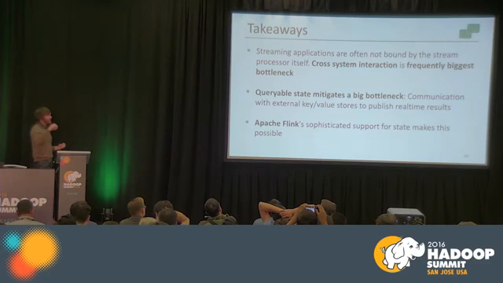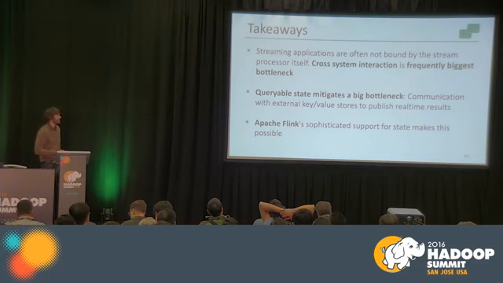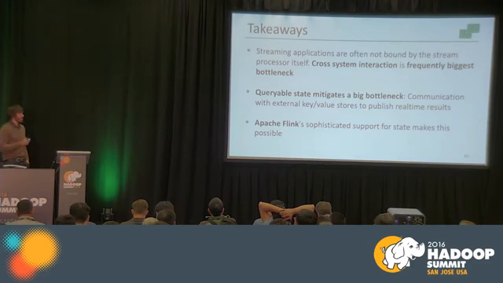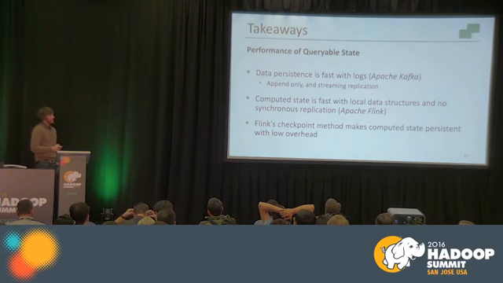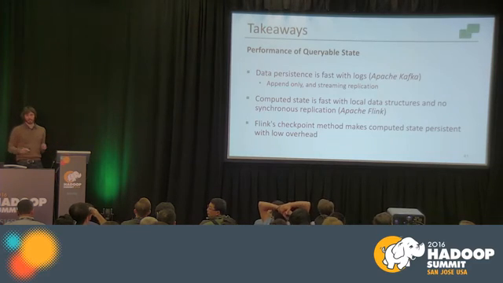So the idea of queryable state is one to mitigate one of the very big bottlenecks that we found. It's a technology that works pretty well on Apache Flink due to its sophisticated support for state. In comparison to the other architecture, the performance of queryable state comes mainly from a very good separation of concerns.